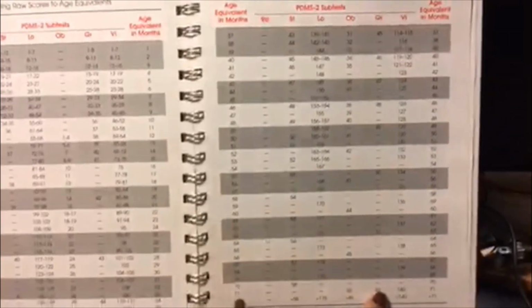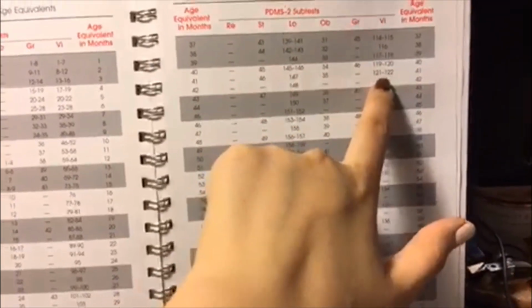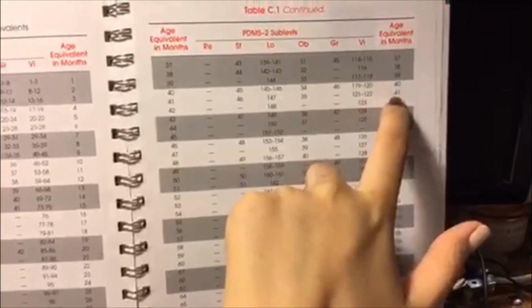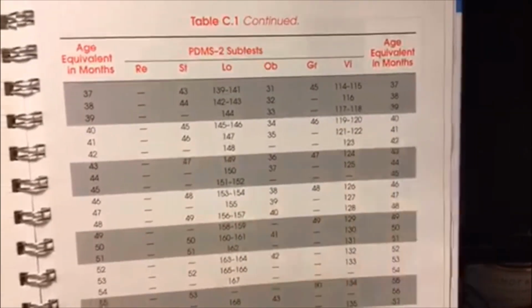We find our 52 right here, and then age equivalent in months will be 71 right here. And then same thing for visual motor integration. We have 121 for raw score, and here we have 41 in age equivalent.